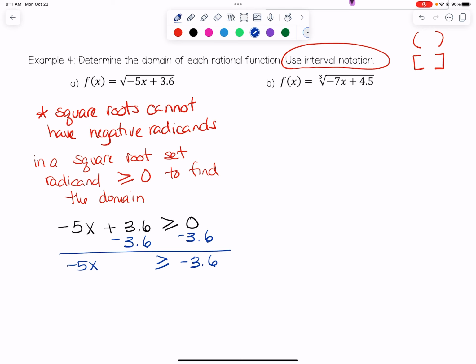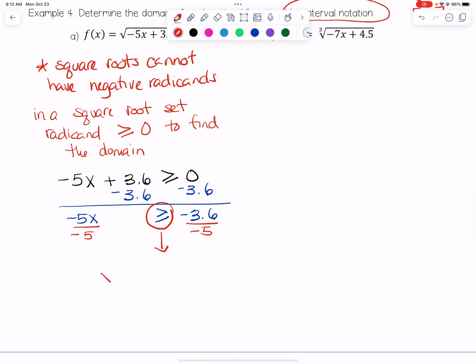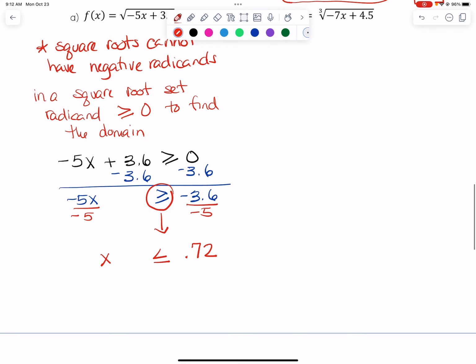And then I'm going to divide by a negative 5. And remember, when I divide by a negative in an inequality, I must reverse the sign. And so when I take negative 3.6 divided by negative 5, I get 0.72.